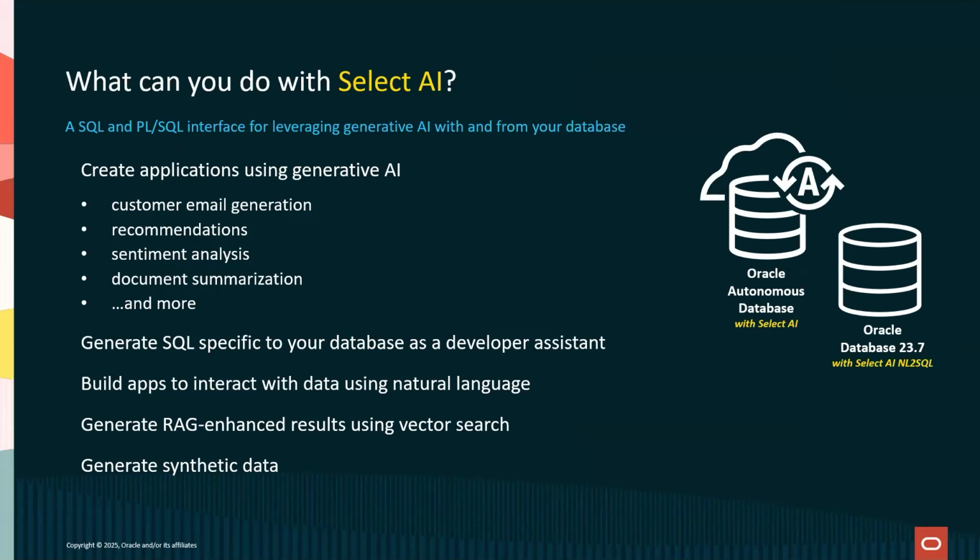It was first launched with Autonomous Database 19C, then with 23AI Autonomous Database, and we recently announced this Select AI NL to SQL capability with non-Oracle, non-autonomous databases with the 23.7 release.